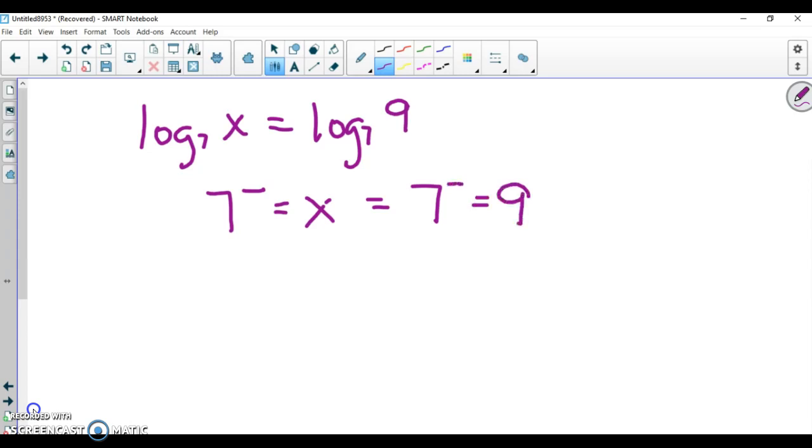And we can gather from this that same power, because these are equal, these powers are equal, and we can conclude that x equals 9. Log base 7 of 9 is log base 7 of 9.